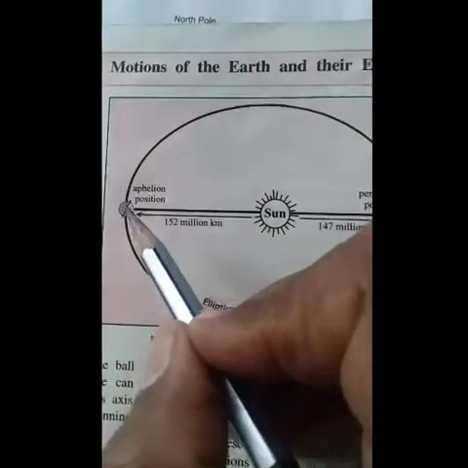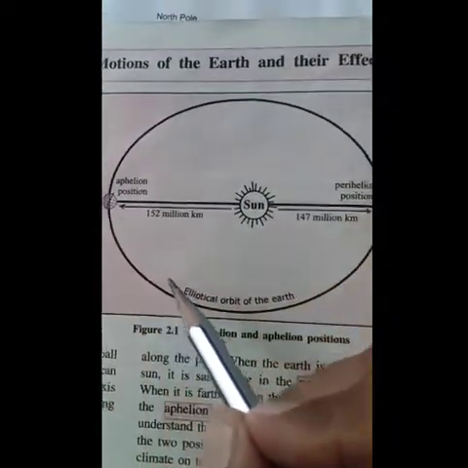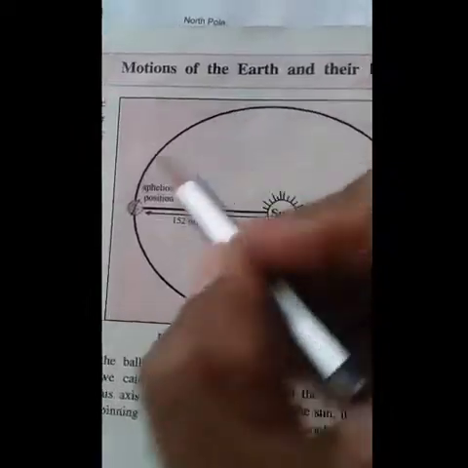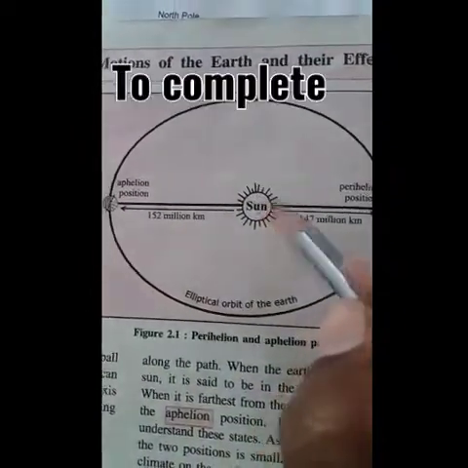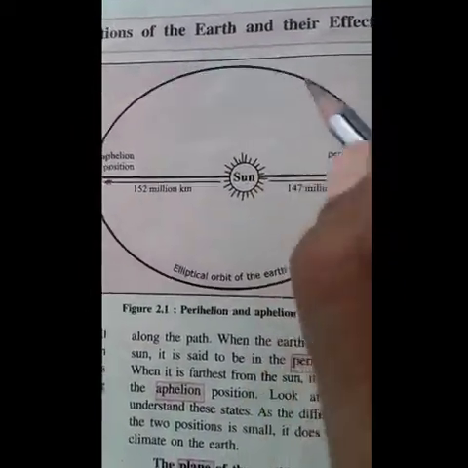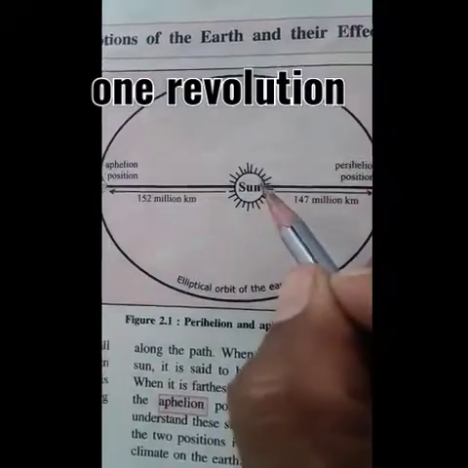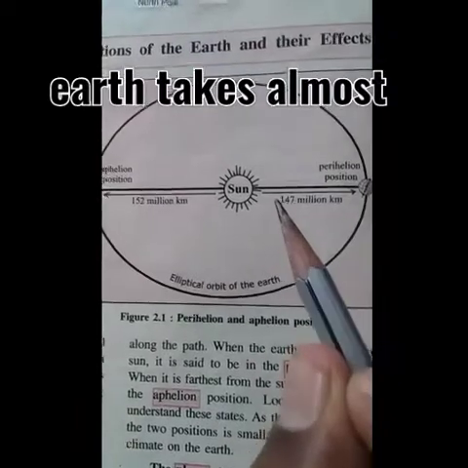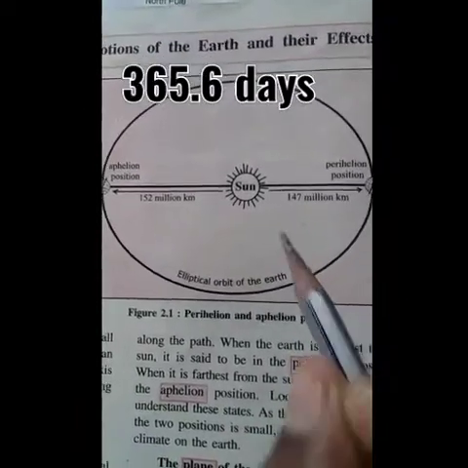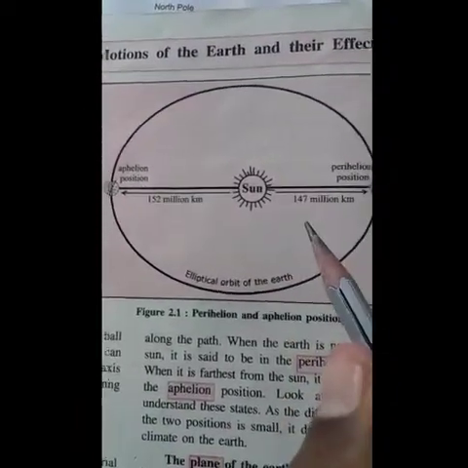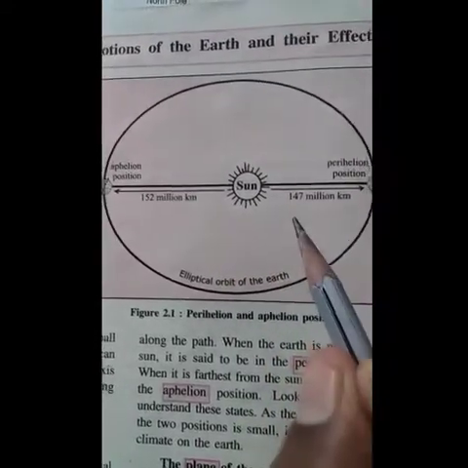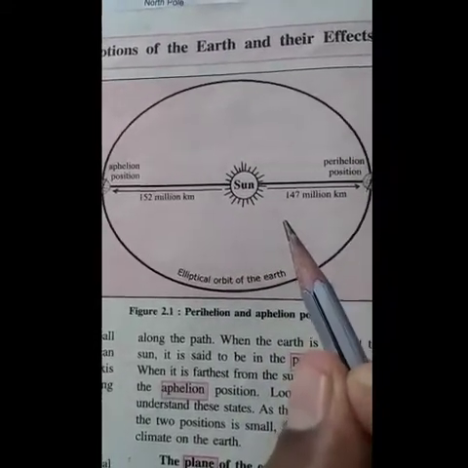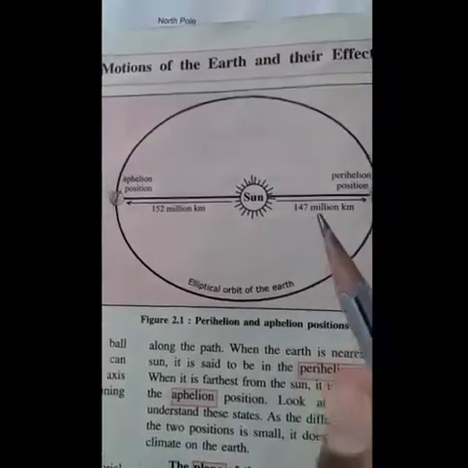On this orbit or path, Earth revolves around the Sun. And to complete one revolution around the Sun, Earth takes 365.6 days, which is called 1 year. During 1 year, one can experience different types of seasons.